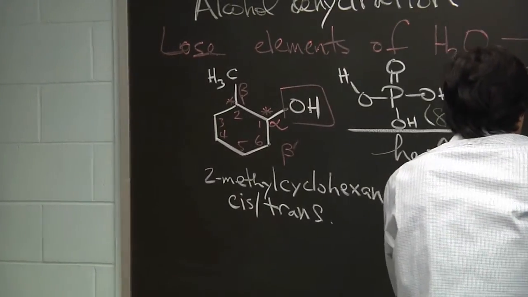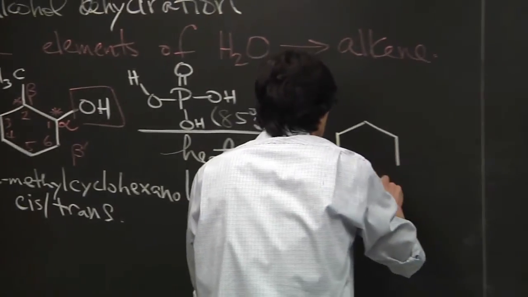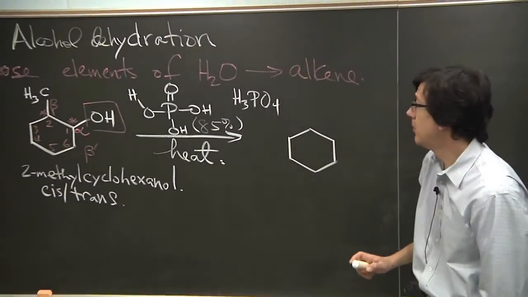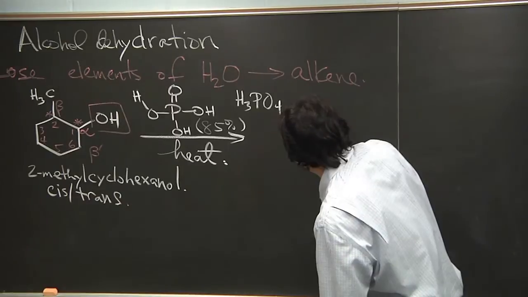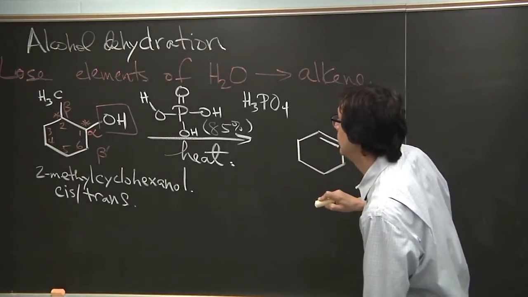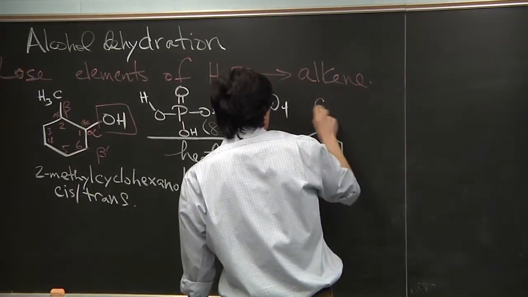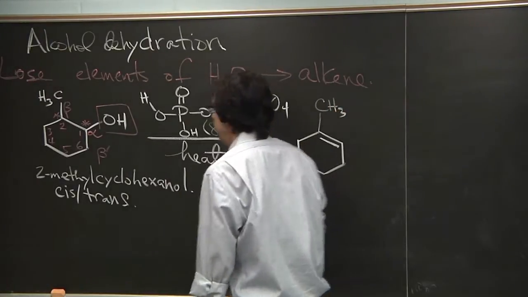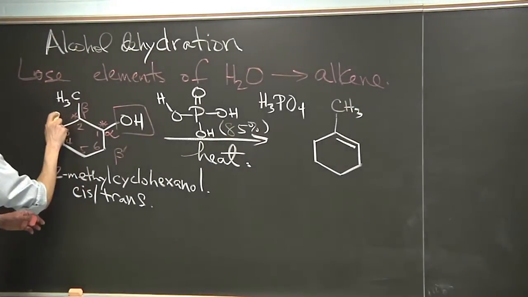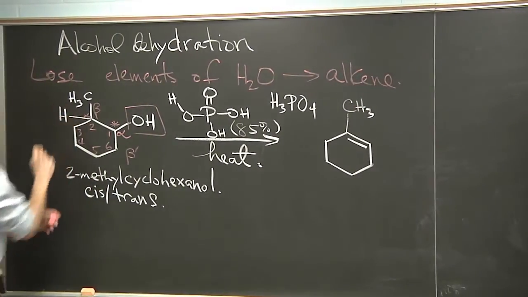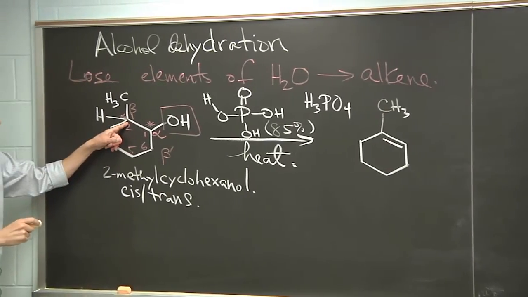Well, in one possible product, the carbon-carbon double bond would be between carbon 1 and carbon 2. So to make this product, we would have lost the hydrogen from carbon 2.